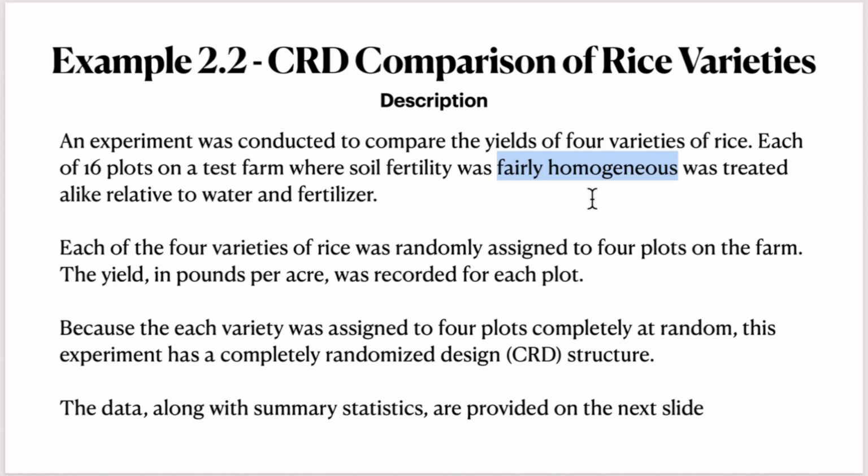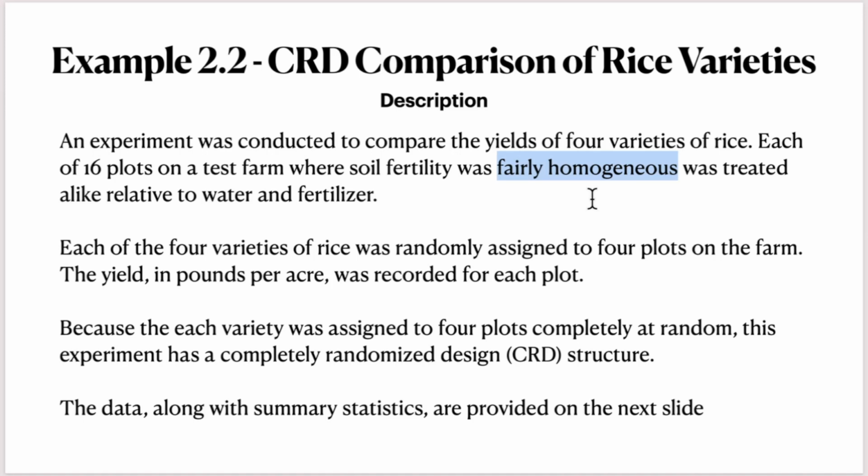All right. For example, it's very common in agricultural studies on farms and things like that, that there will be differences in soil fertility, differences in the level of moisture, differences in gradients in plots and things like that. And because of that, it can be very difficult to find a large number of plots that are all homogeneous.